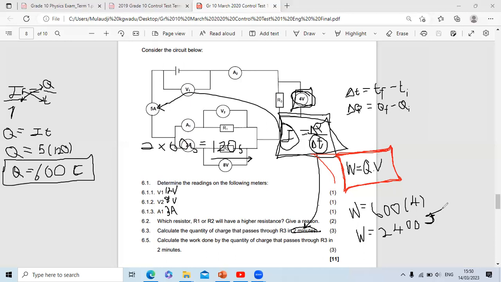Since work is energy, we're gonna use the unit joules. Work is energy, so we leave it in joules.